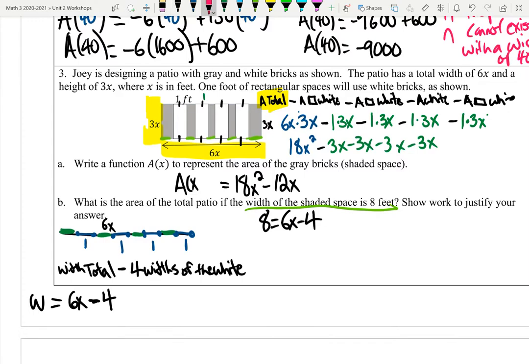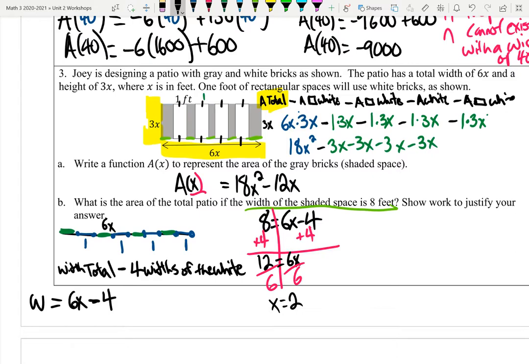Again, the idea is I need to find out what the value of x is, so I know the input to plug into this equation. 8 is not x. They are giving me a specific measurement. Using inverse operations, I can conclude that 12 is equal to 6x, and upon dividing both sides by 6, x is 2.